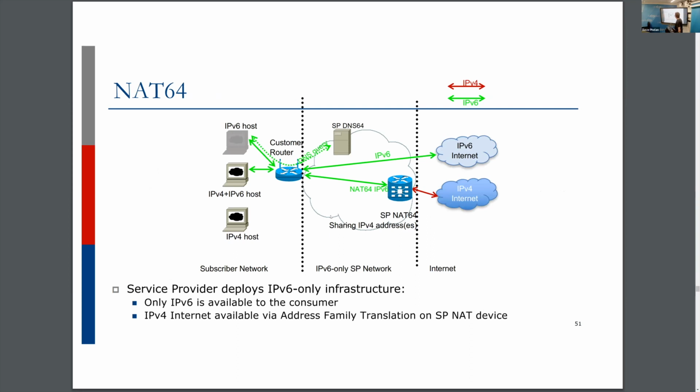So NAT 6.4, this is quite handy, this guy. What NAT 6.4 does is it will translate my V4 internet back into V6. So I can run a pure V6 core and have a NAT 6.4 box on the edge. When I do my DNS query, this relies heavily on DNS.